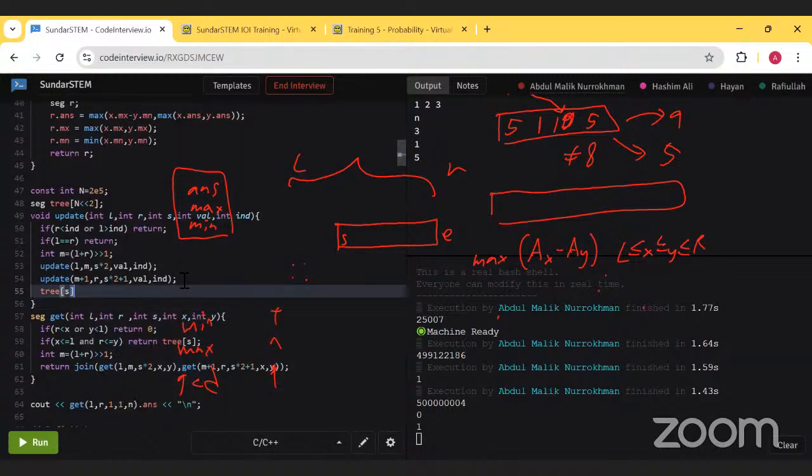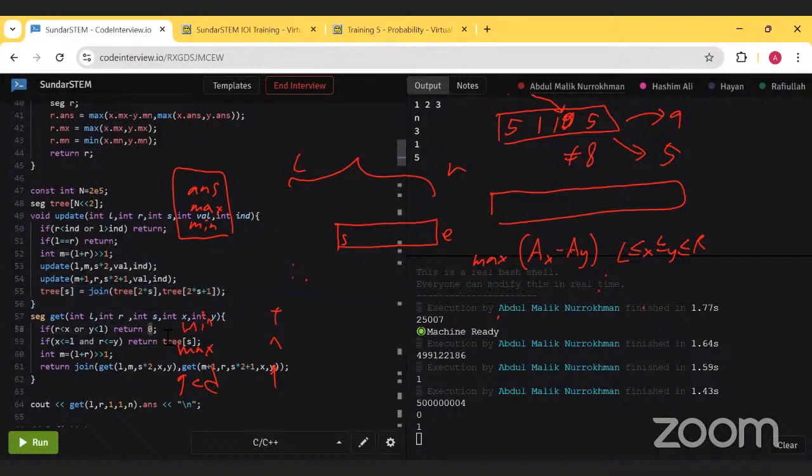Sorry, this is S equal to join between 3 to S and 3 to S plus 1. Okay.